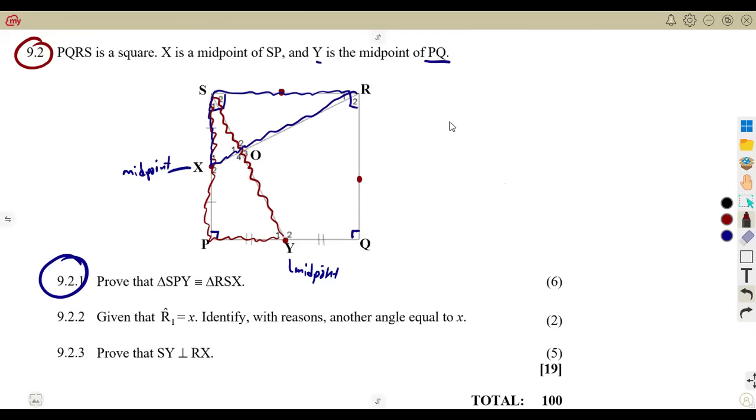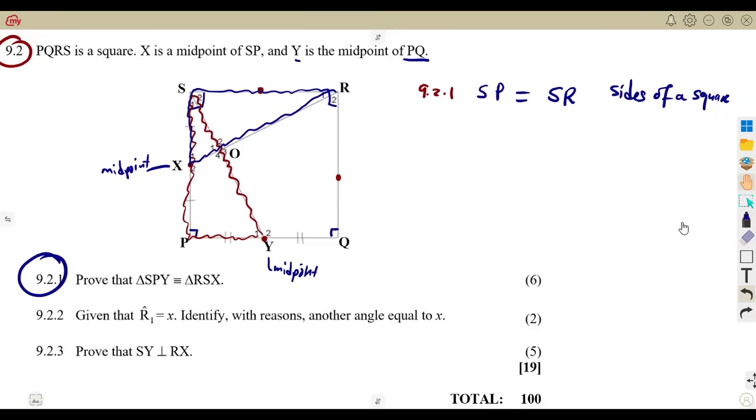Let's see. Remember, you're told that it's a square. So from a square, definitely these two sides are equal. The side SP and this side SR are equal. So automatically SP is equal to SR, from the properties of a square, where opposite sides are equal. Which other part do we have that is the same?